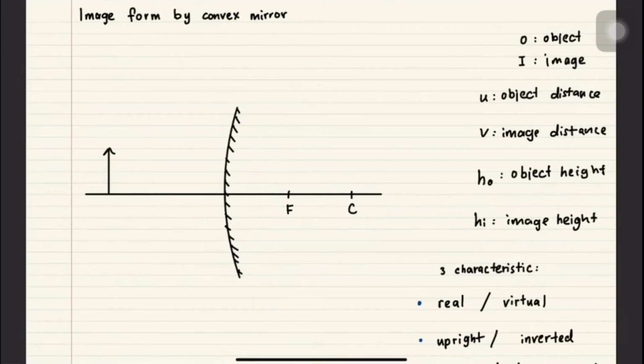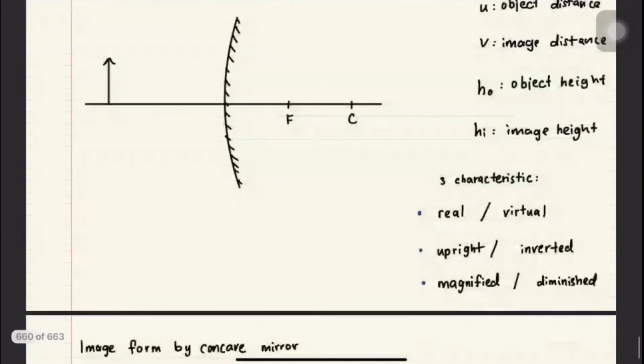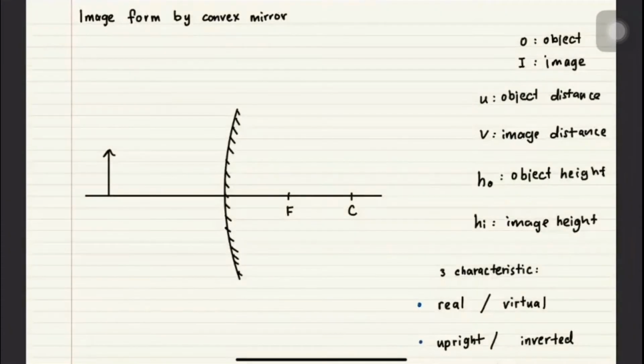Okay, so the first ray that you want to draw, just now I used blue color. So blue color for ray 1, it goes straight, or parallel to the principal axis. This is the principal axis. Okay, so it goes straight, and then it will be reflected off the surface. Yeah. The main property of a mirror is that it will reflect light.